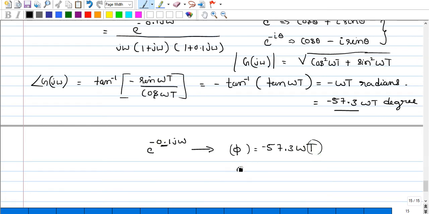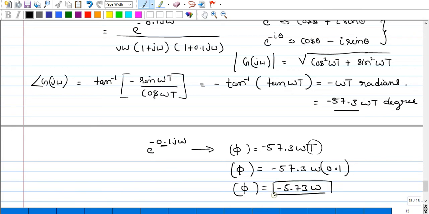If I substitute, angle will be minus 57.3 omega multiplied by t, which is 0.1. Okay, that is, angle will be minus 5.73 omega. So in the equation you can substitute this particular value. I hope you understood this particular step.